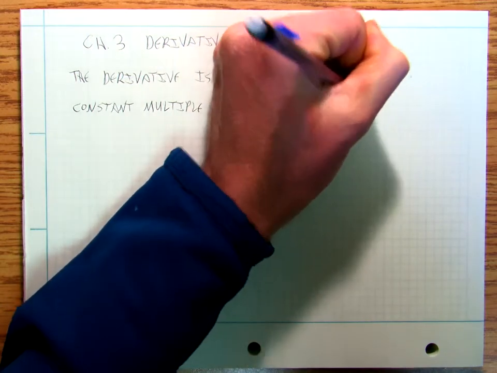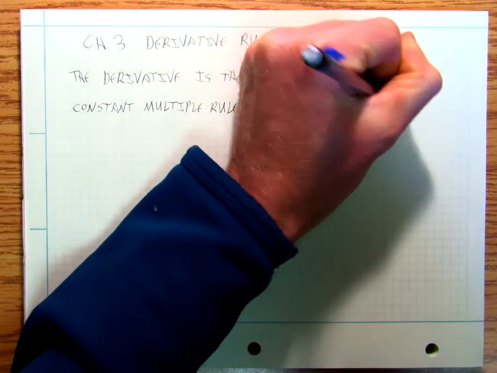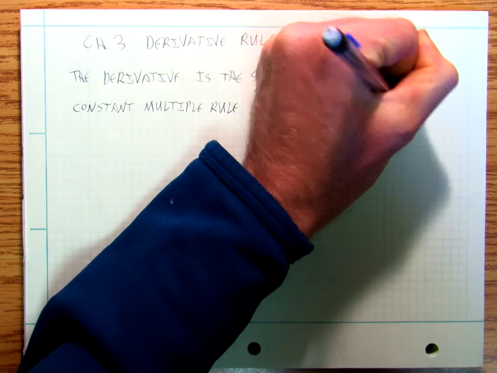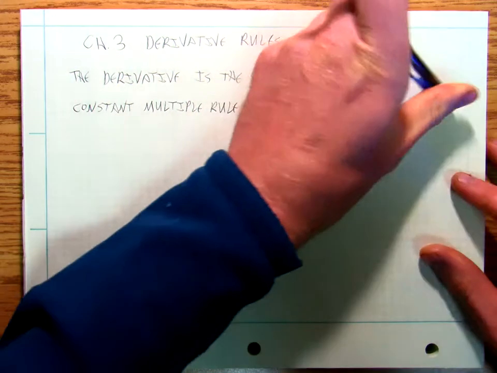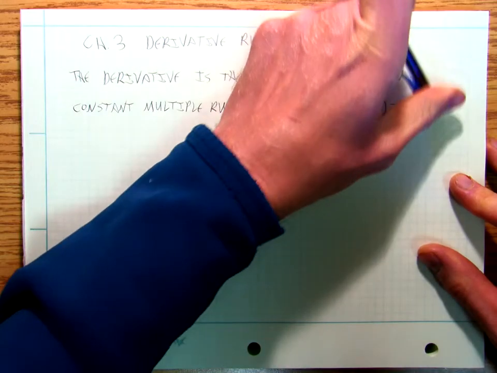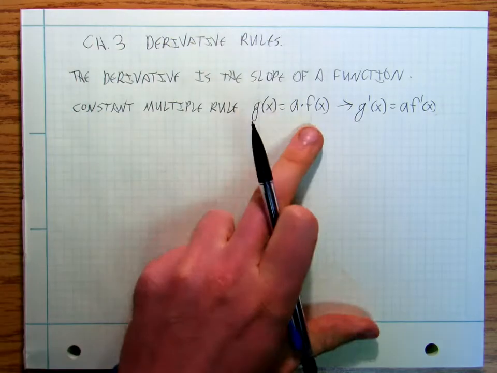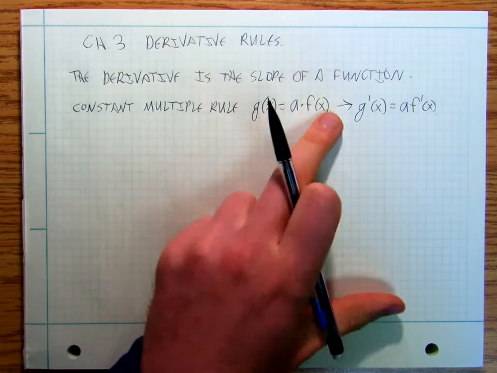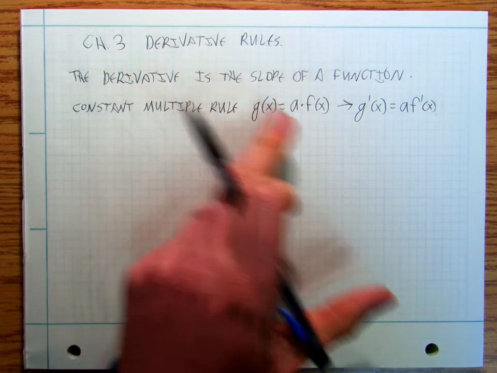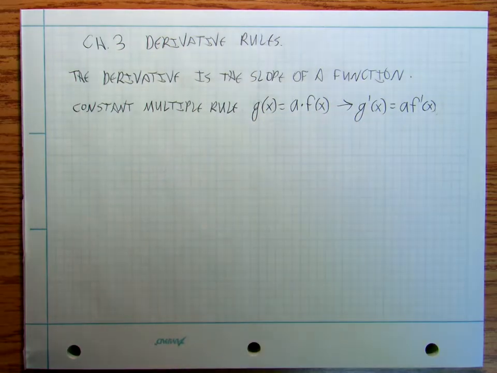Then g prime of x is equal to a times f prime of x. Which basically means that if I have a function and I multiply it by a constant, then when I take the derivative of that, it's basically multiplied by that same constant.